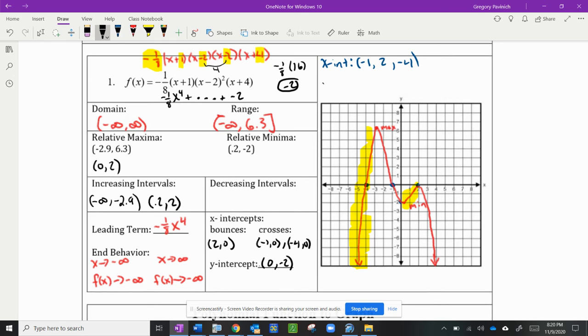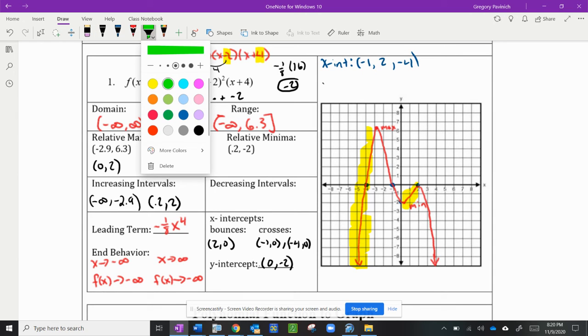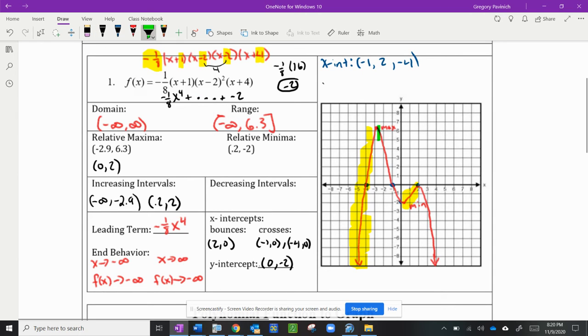Okay, and my decreasing interval right here between the max x, negative 2.9, and the minimum x, 0.2, and then it's going to go from the x value of the max, which is 2.